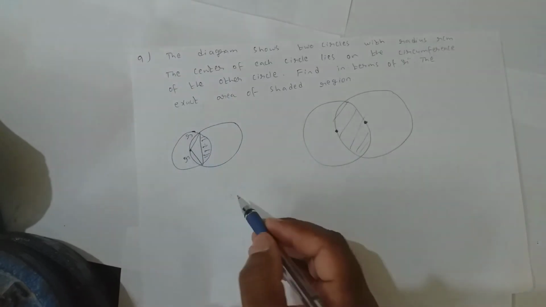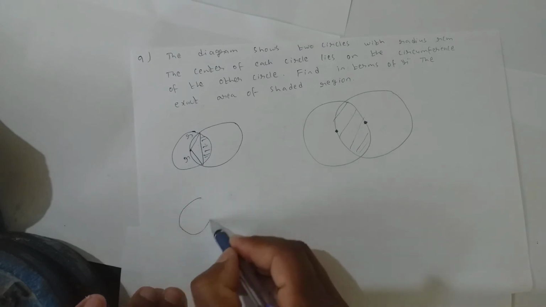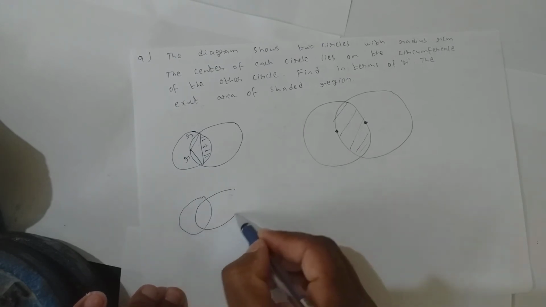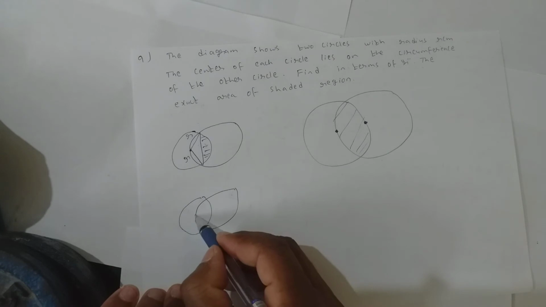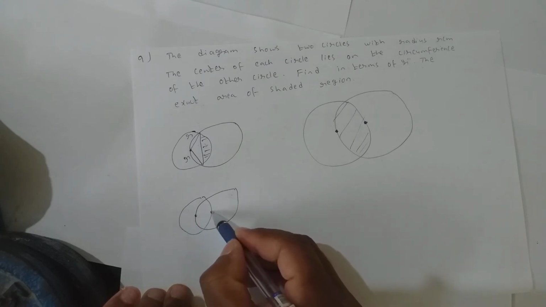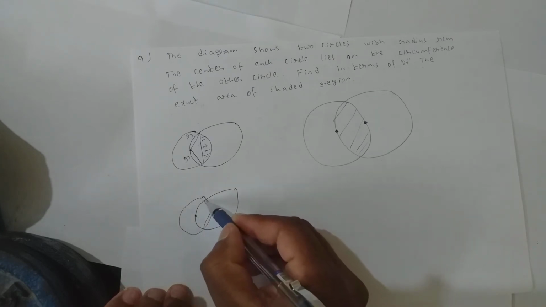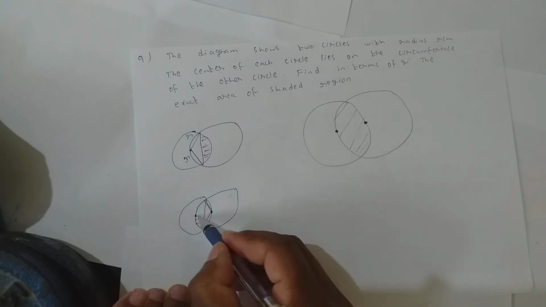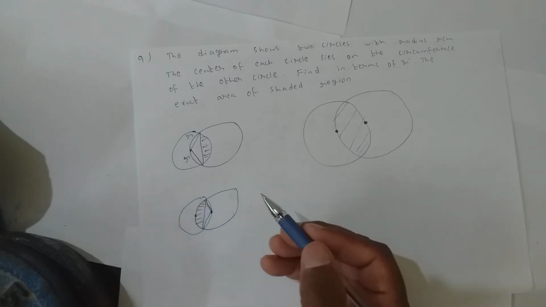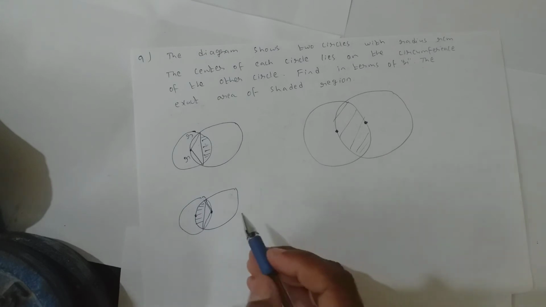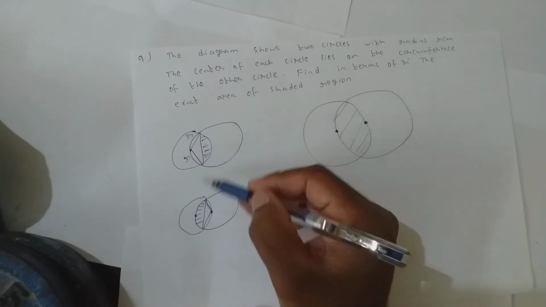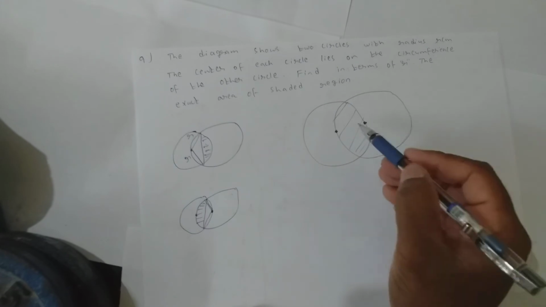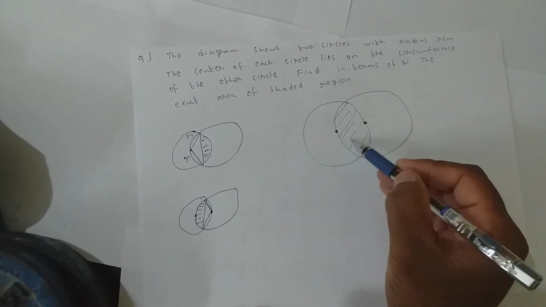Why? See here. Now one more diagram if I draw it. Earlier I took this center. Now if I take this center and I join it like this, if I add these two areas, will that be equal to the entire area?